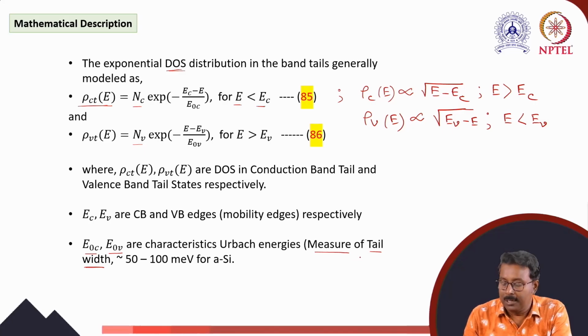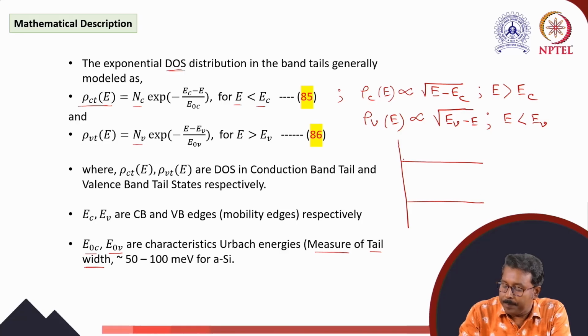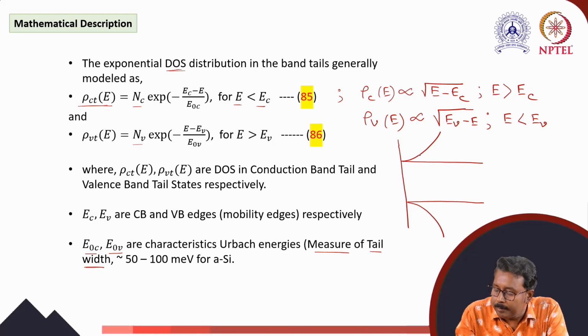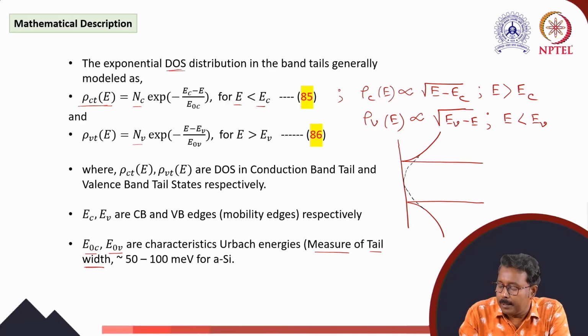So this is very important. Again, if we draw here, say this is for... but this exponential decay, and the width of this tail state is taken as an average value, or a particular E is taken.